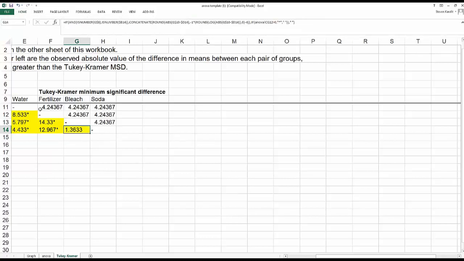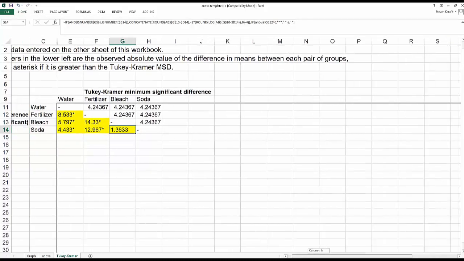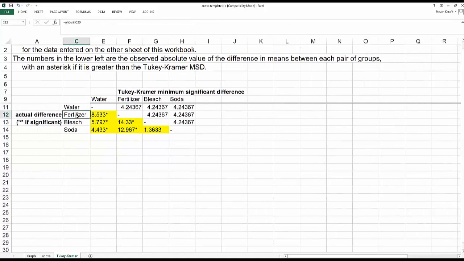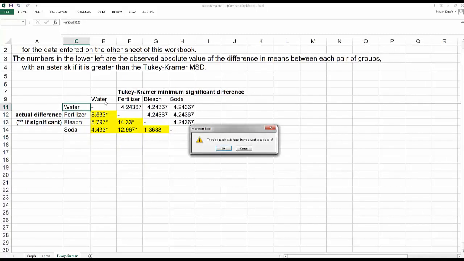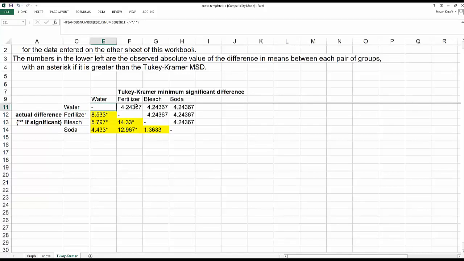Now, have a look at this data. Let me scroll over. Starting down here with fertilizer, we can't compare water to water, so it's just blank right there. And these numbers are not used in this analysis. So starting here with fertilizer, this is the fertilizer row, and this is the water column.